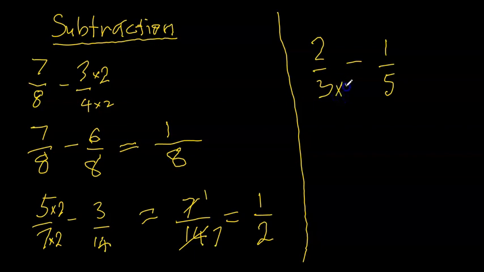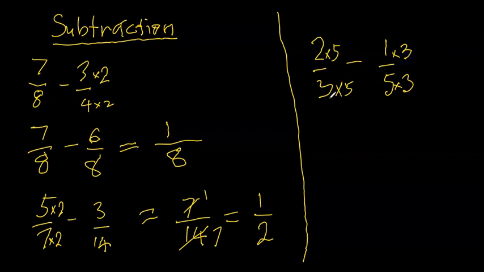So multiply this by 5, right? As soon as we do that, multiply this also by 5. So this has become 15. We want this one to also become 15. So what do we do? Multiply this by 3 and do the same thing here by 3, right?